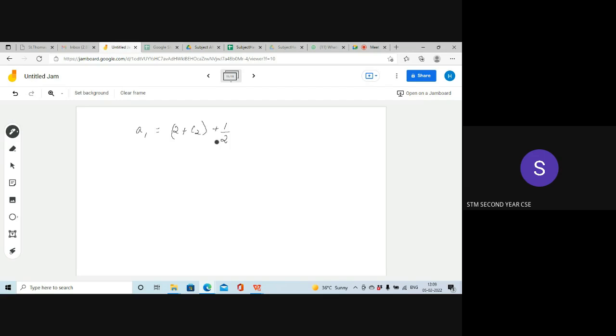I think I didn't give the value of a1. Say a1 is equal to 3. The initial condition a1 is given to be 3. So you get 3 is equal to 2 plus c2 plus 1 by 2. What is the value of c2?